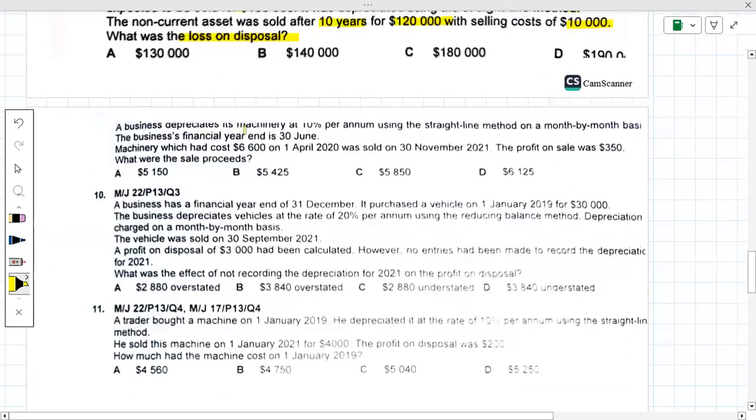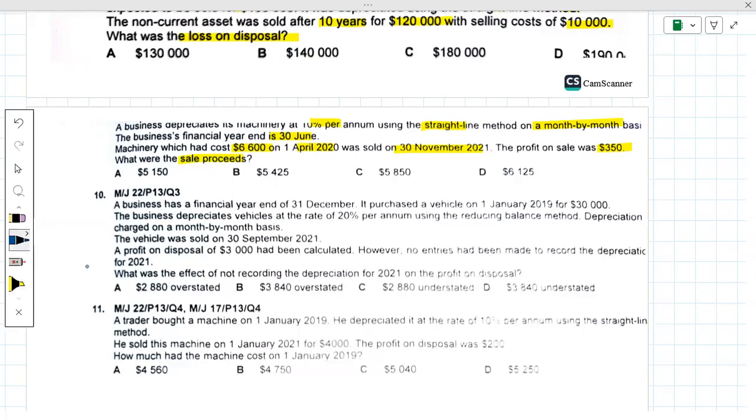Okay, so a business depreciates machinery at 10% per annum using the straight line method on a month by month basis. The business financial year ends on 30th June. Machinery which had a cost of $6,600 on 1st April 2020 was sold on 13th November 2021. The profit on disposal was $350. So what was the sale proceeds? Okay.